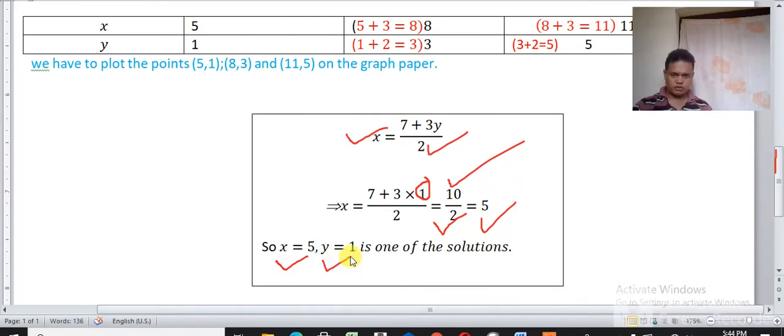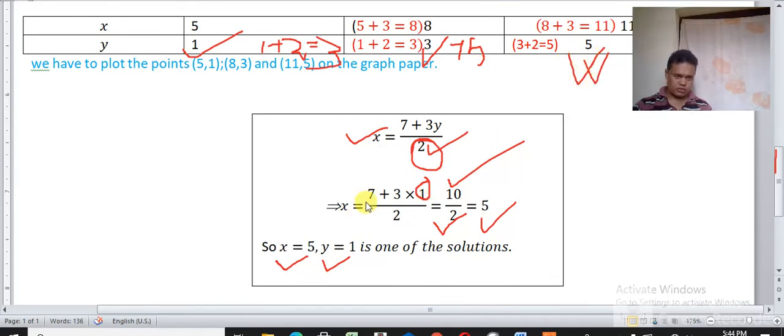To find the remaining solutions, you will use the same technique. Here the number is 2 in the denominator, so you have to add 2. 1 plus 2 equal to 3. Again 3 plus 2, every time you have to add 2 because that number 2 is in the denominator. So again 3 plus 2 will be equal to 5.